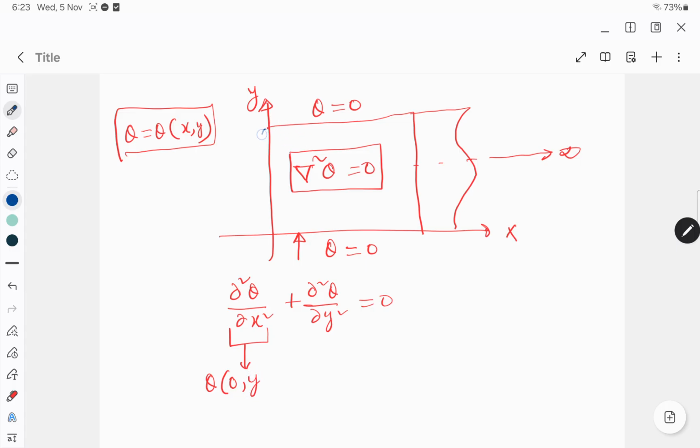Theta x is 0 here and y is any y. So theta(0, y) is equal to what? Theta 0 at any y. x is equal to 0.